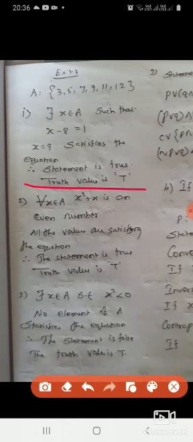See the second sum: for all x belongs to A, x squared plus x is an even number. The condition is that x squared plus x should be even, with the universal quantifier for all.